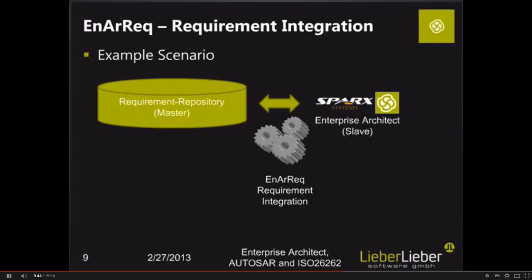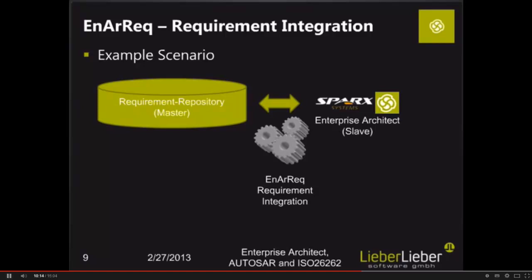It is important that one side is the master and one side is the slave. So typically Enterprise Architect is the slave because, beside Enterprise Architect, a requirement management system is used. So all kinds of changes are done in the master, and the slave has only a representative or a link to the element in the master repository included.